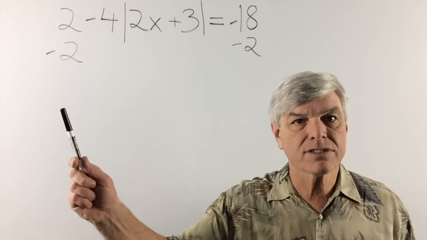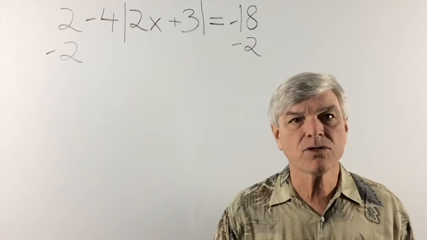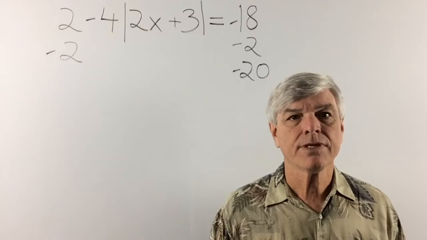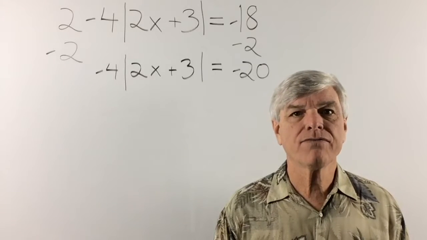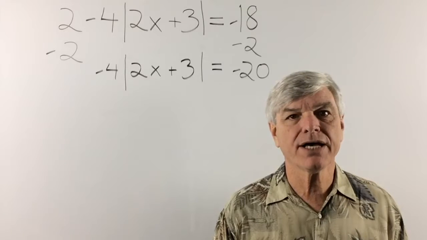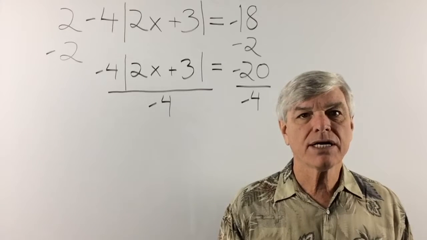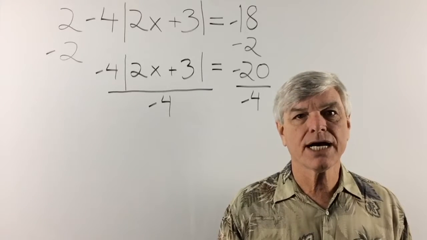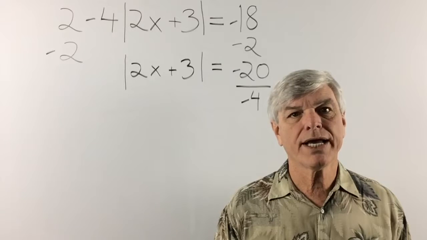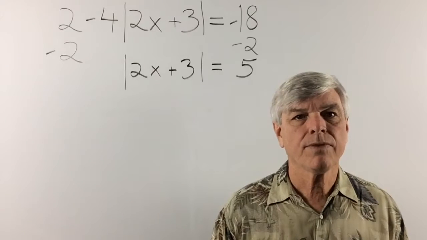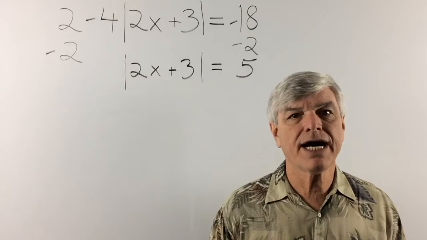And that's going to leave us with 0 over here, -20 here. Bring everything else down. And now we have a coefficient in front of the absolute value. And we're going to divide that out on both sides. So now we have the absolute value isolated, and we have -20 over -4 equals +5.